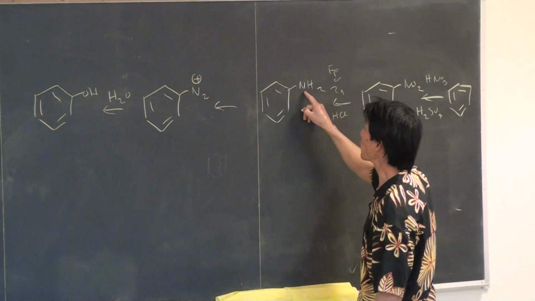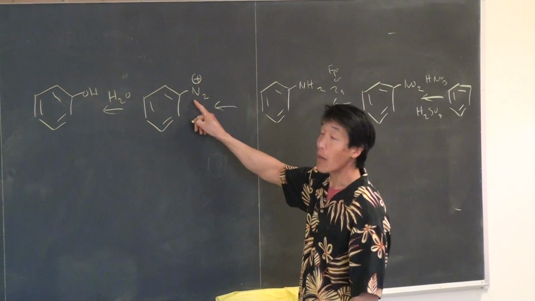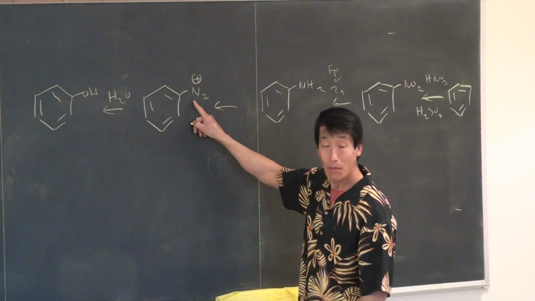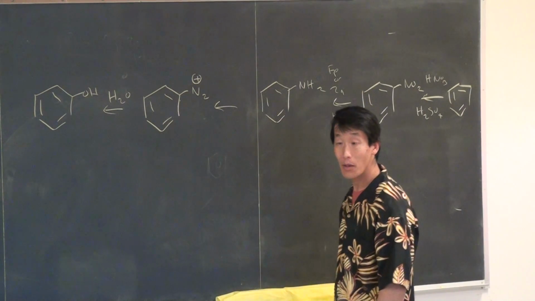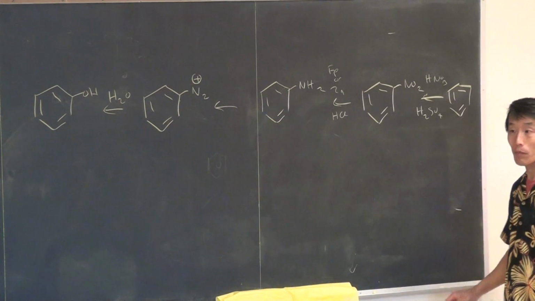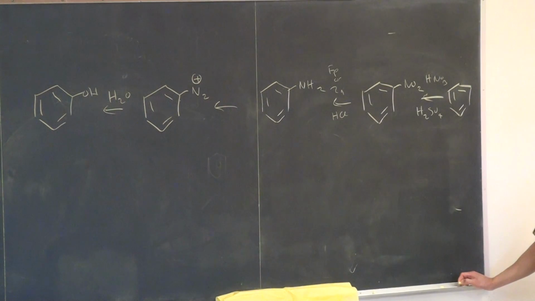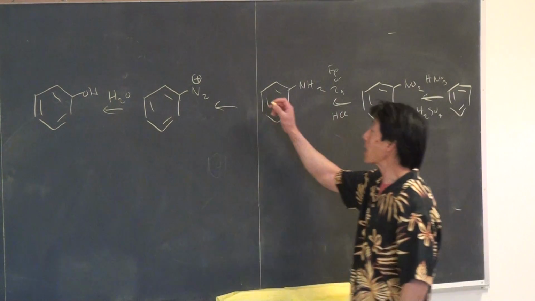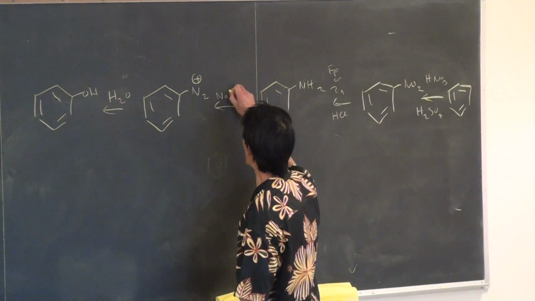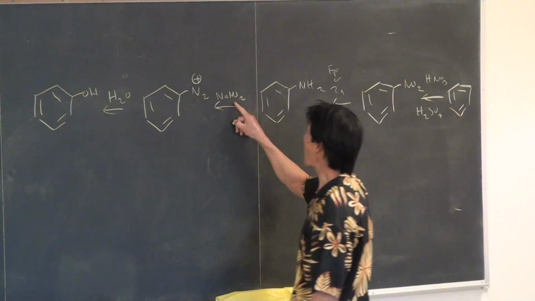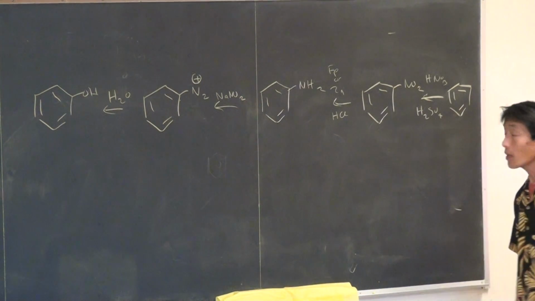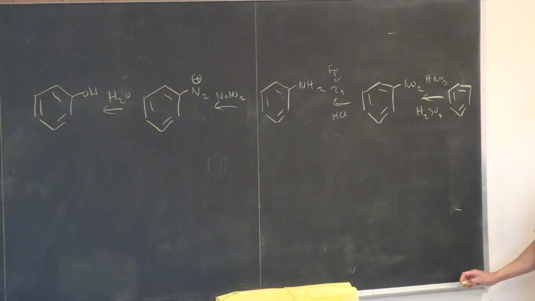How do you go from NH2 to the diazonium ion? Yeah, so NaNO2. So this is an oxidizing agent. So then we make our phenol.